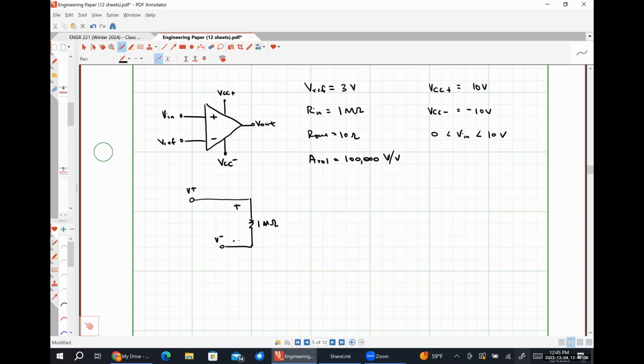As per usual, my differential voltage VD is defined as the potential difference between V plus and V minus. Over here, I have effectively my output stage. So this is going to be 10 to the 5 times whatever VD is. Here's my output resistance of 10 ohms.